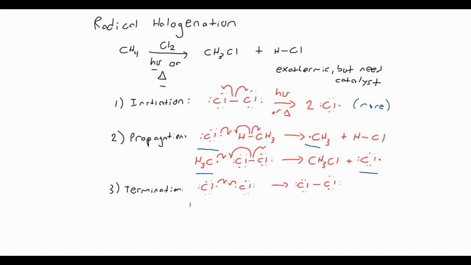We could have a methyl radical and a chlorine radical come together and form our product, CH3Cl. Again, let me draw the lone pairs here so I don't confuse anyone.